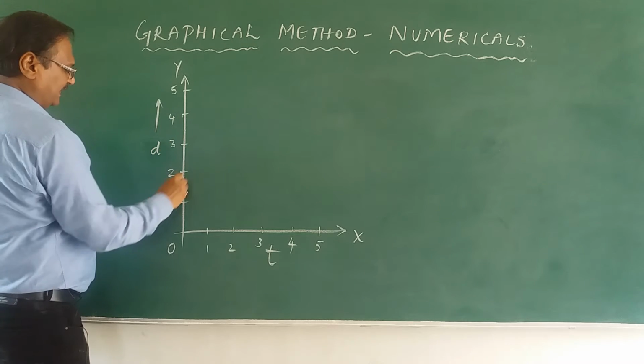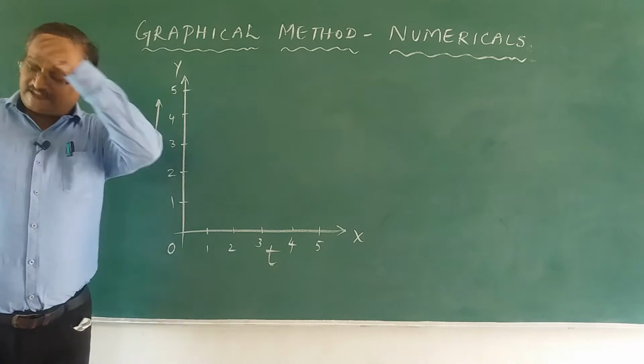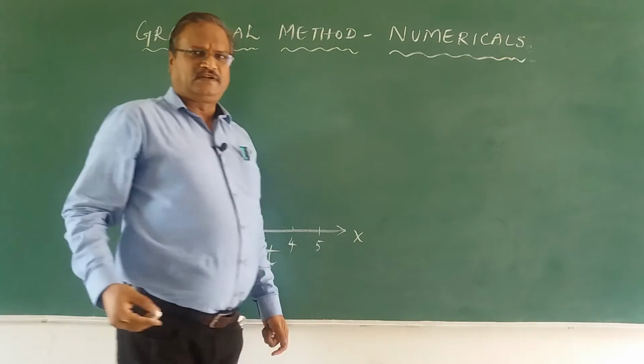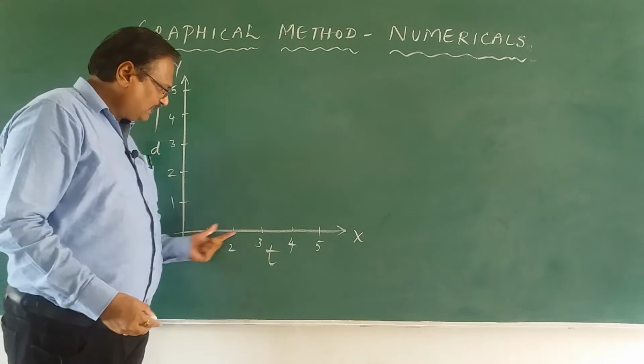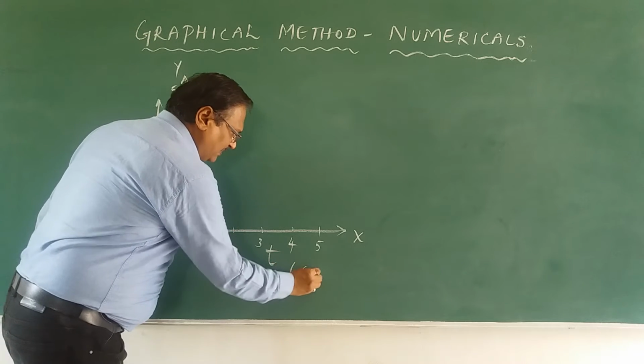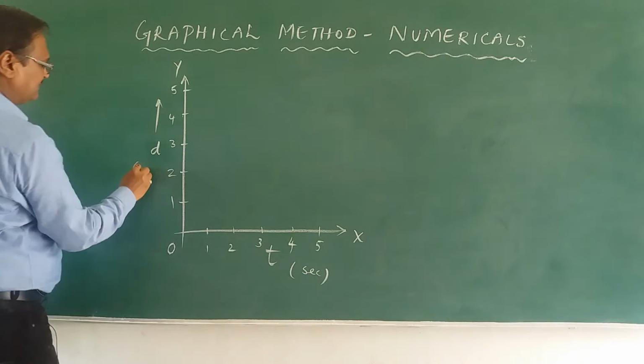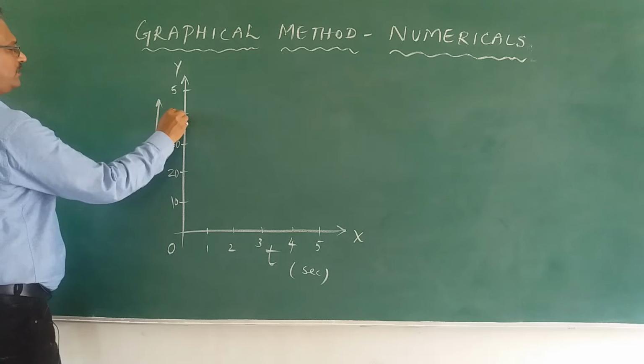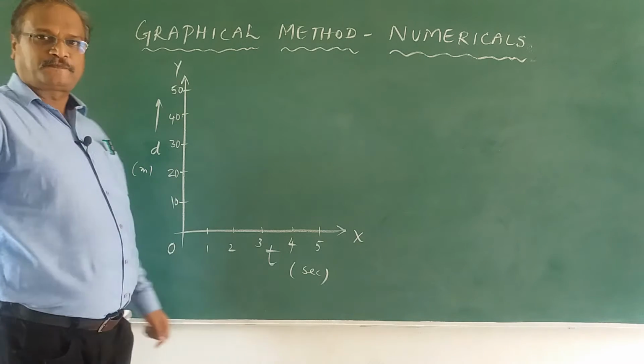When I take it like this, if it is uniform data, for every increase of 1 second in time, the increase in the distance is, let us say, 10 meter, 20 meter, 30 meter, 40 meter and 50 meter.